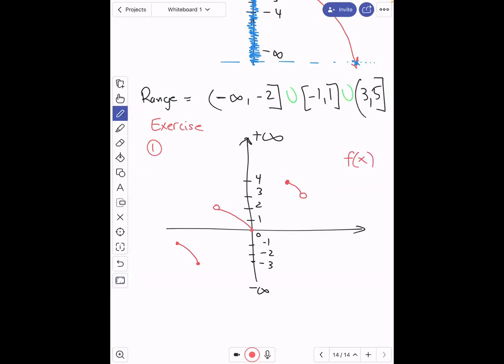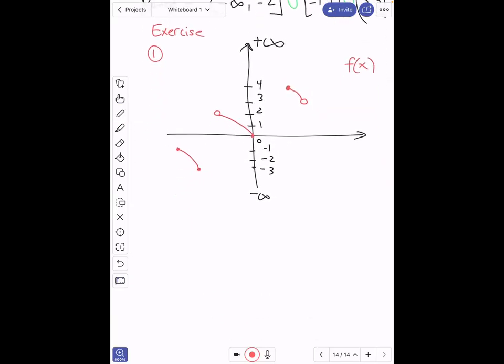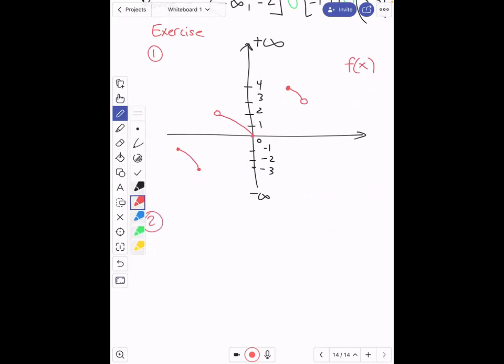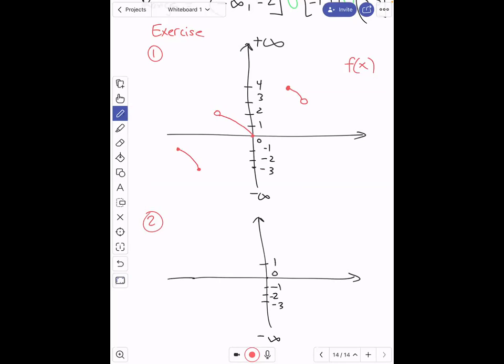Number 2, that's my first graph. Number 2. Negative infinity. Here's negative infinity, negative 2, negative 1. This is 0, of course, 1, 2. And then here's my graph.